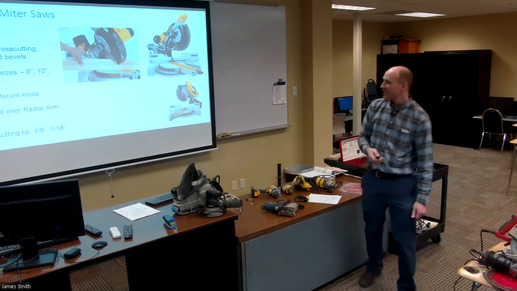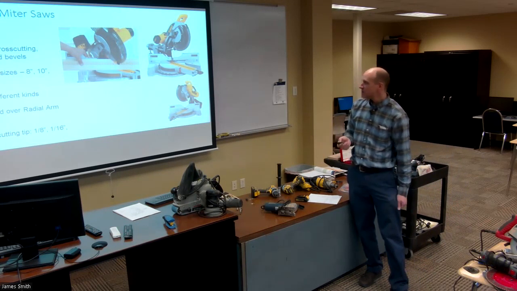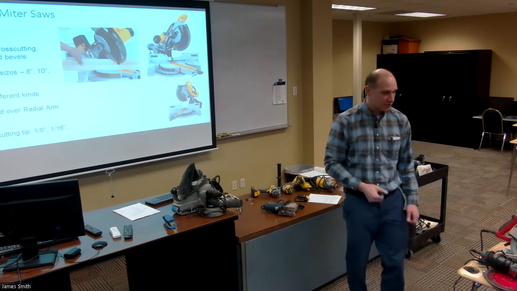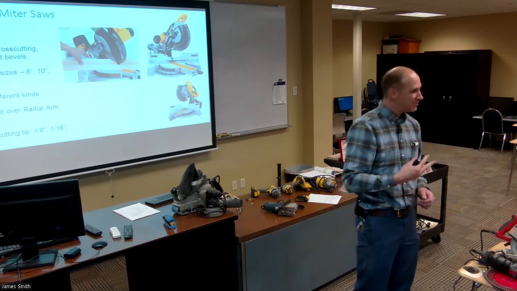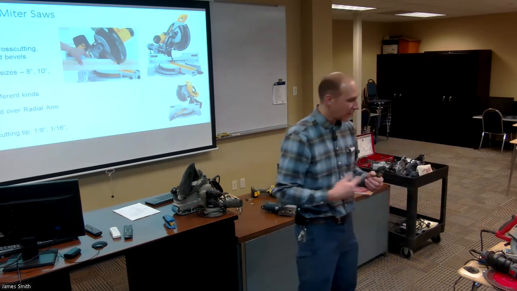It's hard to tell by looking at this picture what angle it is. But you've got three different types of these, right? You have your chop saw, which only allows you to chop down. Generally, you don't see a lot of those around the woodworking area.